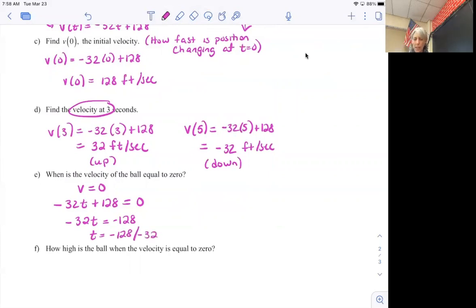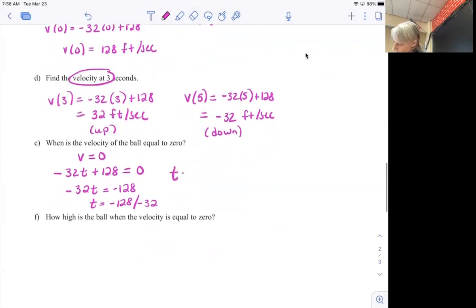So t equals negative 128 divided by negative 32. The velocity is going to equal 0 at 4 seconds.